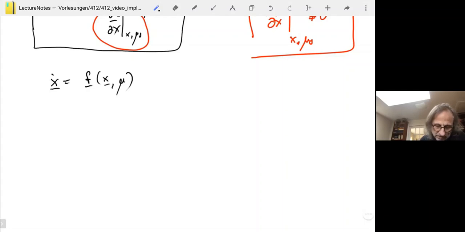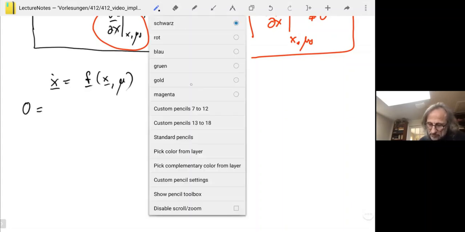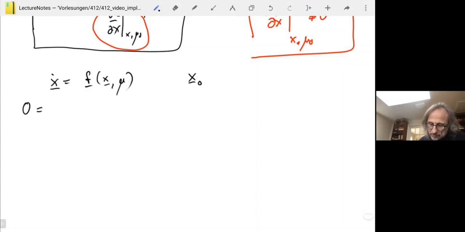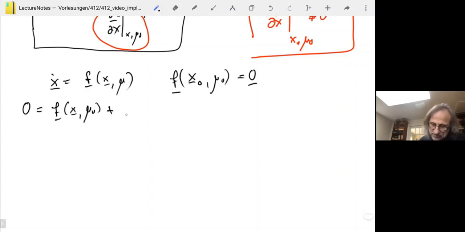And then we do our Taylor expansion again of the fixed point. We assume we have a fixed point such that f of x naught and mu naught is equal to 0, which is a vector. Okay. And so if we expand, then we get again f of x naught mu naught plus, well, now we get the Jacobian of f.